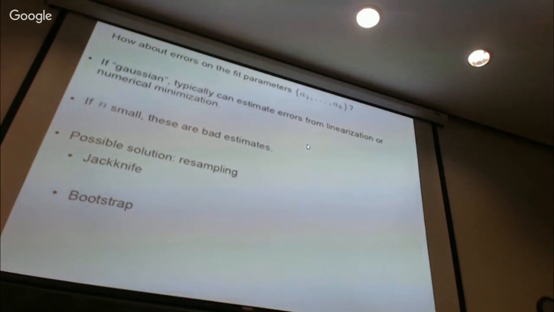I'll talk about two different resampling programs today, the Jackknife and the Bootstrap. Generally, resampling takes the original data set that you have and creates additional data sets by taking a subset of the elements from that original data set. Jackknife and Bootstrap each do this in different ways, so we'll talk about those now.